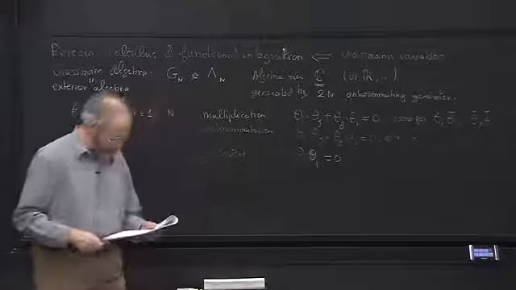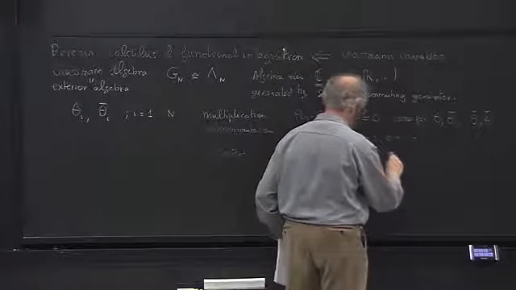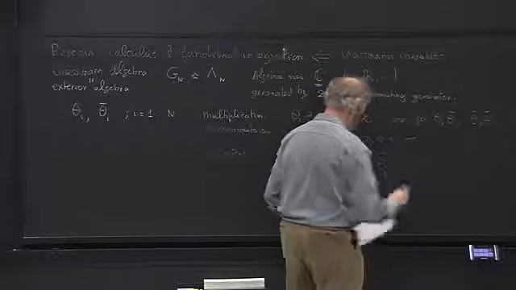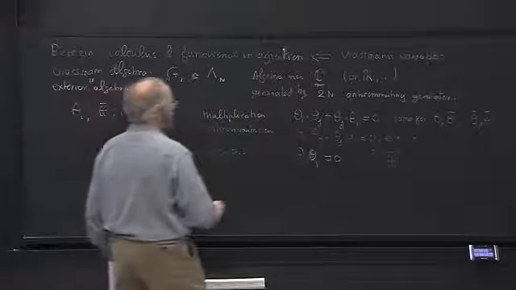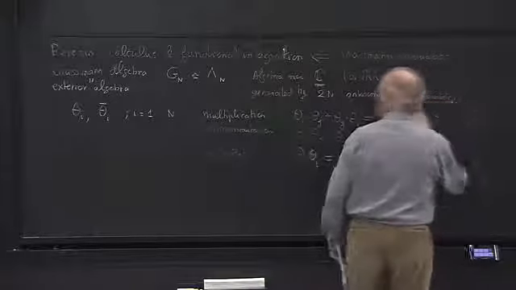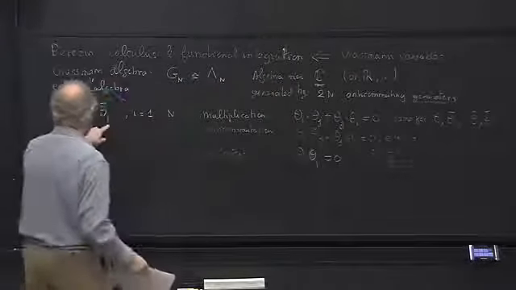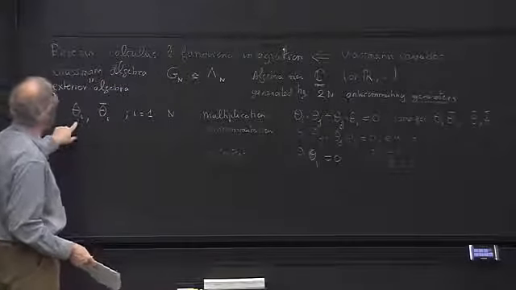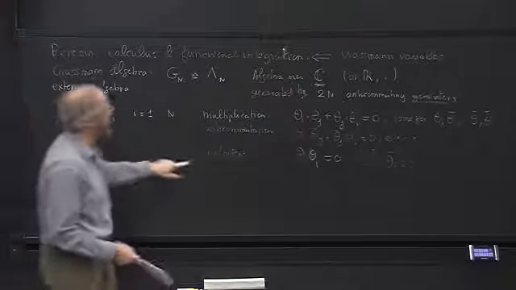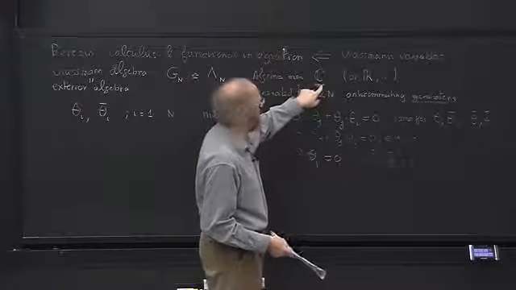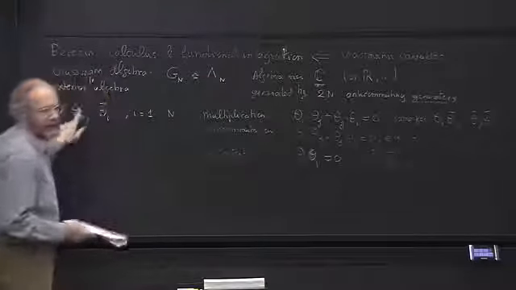And of course, theta i squared equals theta bar i squared equals 0. So these are the generators. Here I have 2n generators. I will explain a bit later why I separate them into n and n different. That's because I will deal with a structure on C. So those will be the complex conjugates of those.